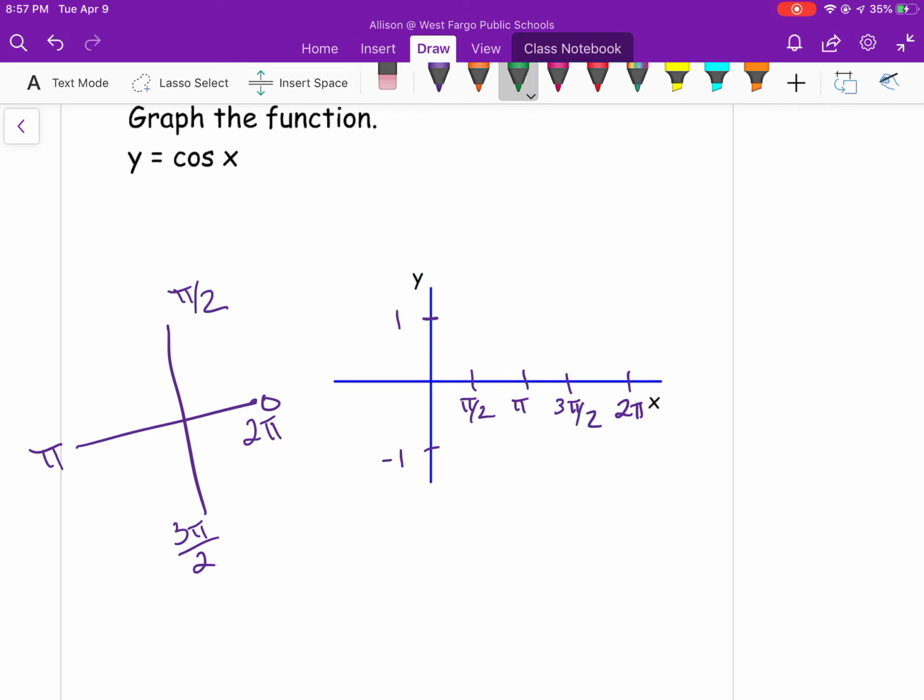Cosine starts at 1, goes down to 0, then to -1, goes back up to 0, then back up to 1. It'll continue in that same pattern and make that cycle. One cycle of cosine looks like a big U, whereas sine started at 0 and showed more of the whole curve. Cosine looks like the U, and it continues to follow that same pattern.